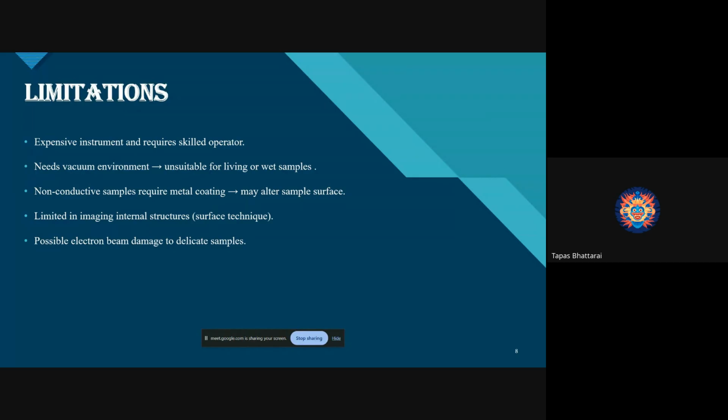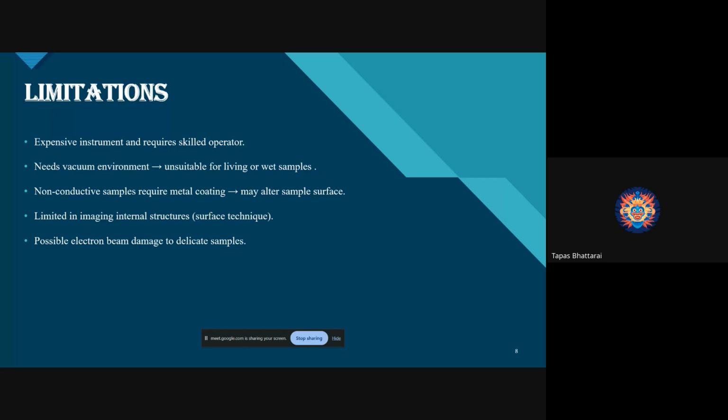And other would be it's mainly a surface imaging technique, so internal structures can't be observed. And lastly would be the electron beam. The electron beam may cause damage to delicate or heat sensitive materials or samples.